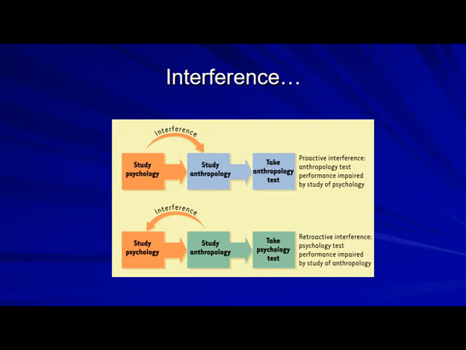We used to spend a lot of time talking about this in terms of short-term memory, this idea of proactive and retroactive interference. What we're really going to be interested in is how this affects memory for life events. We've already talked a little bit about how our knowledge affects our memory for events. So take away psychology and anthropology and substitute your knowledge about what happens in a convenience store robbery.